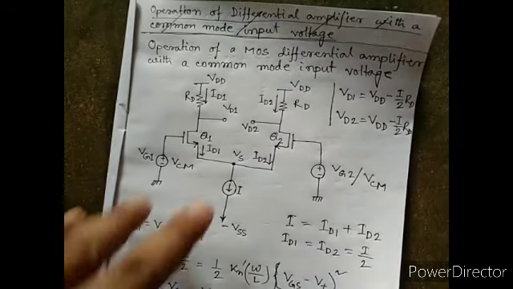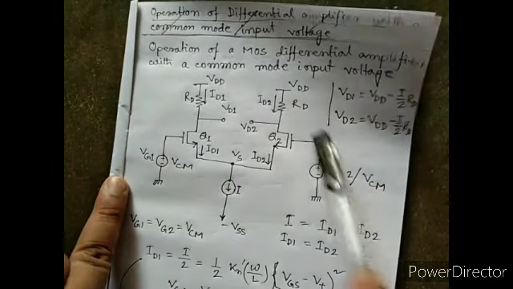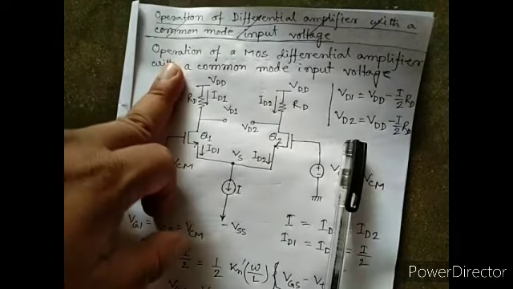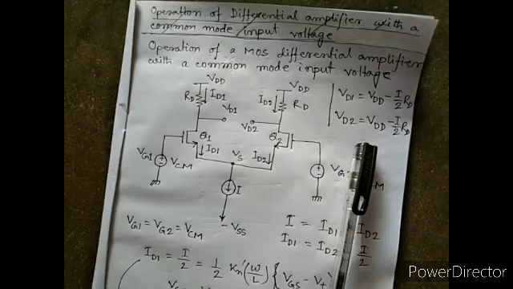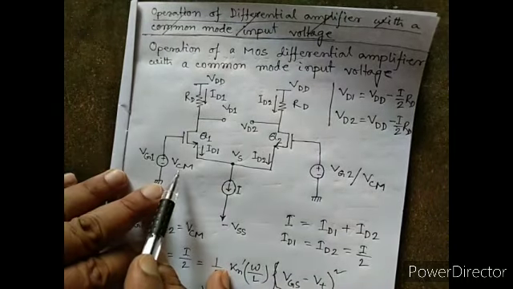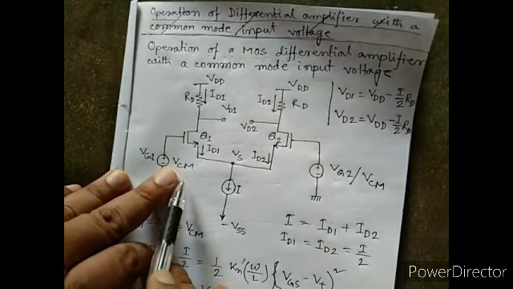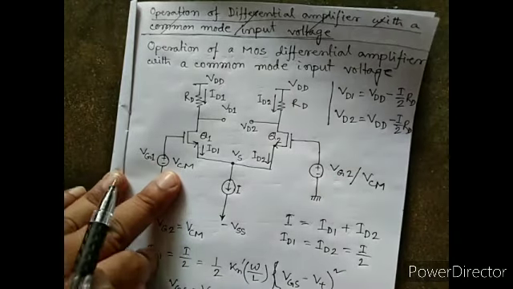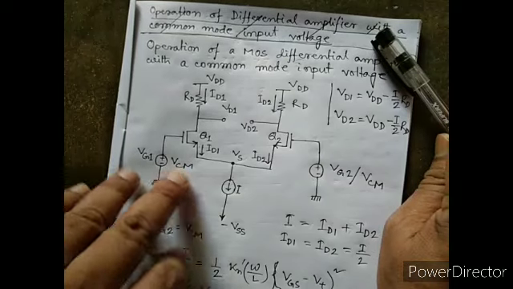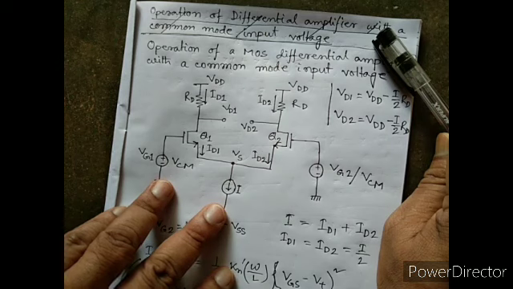Now if we want to find out the operating range of the common mode input voltage of the differential amplifier, that is, within what range of VCM the differential amplifier configuration will work properly.